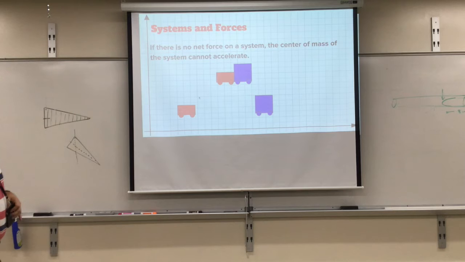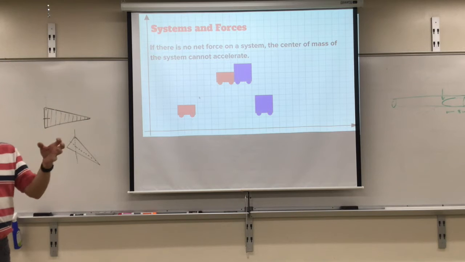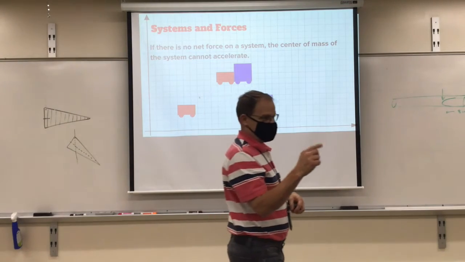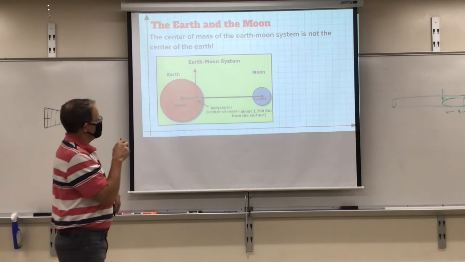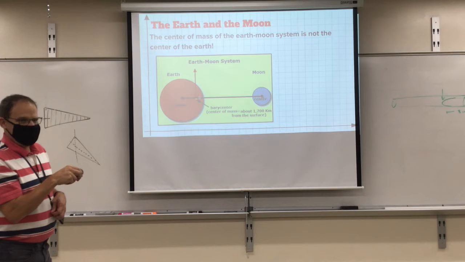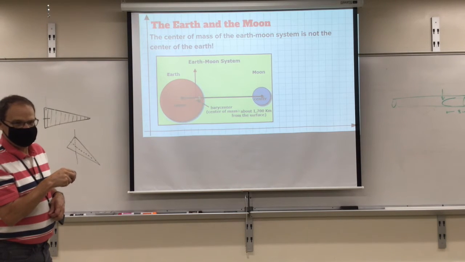Okay, and we've already talked about this, but the center of mass: if there's no net force on a system, the center of mass doesn't change its motion. The parts might smash into each other and rearrange, but if the center of mass of two cars is moving before the collision, it'll be moving at the same velocity after the collision, right? So here's an example. The Earth and the Moon have a common center of mass, and it's actually about right there.